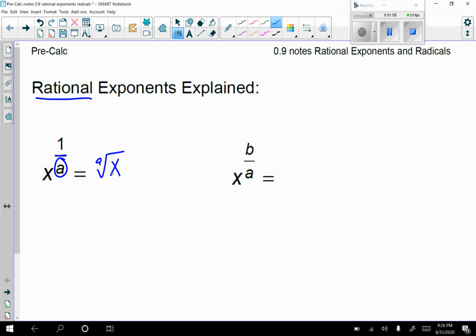That means when we get a fraction without a 1 on the top, so b over a, any kind of rational, the denominator is still going to be the root. So this is the a root of x, and then the numerator is the exponent. Numerator, that is the power we're going to use.